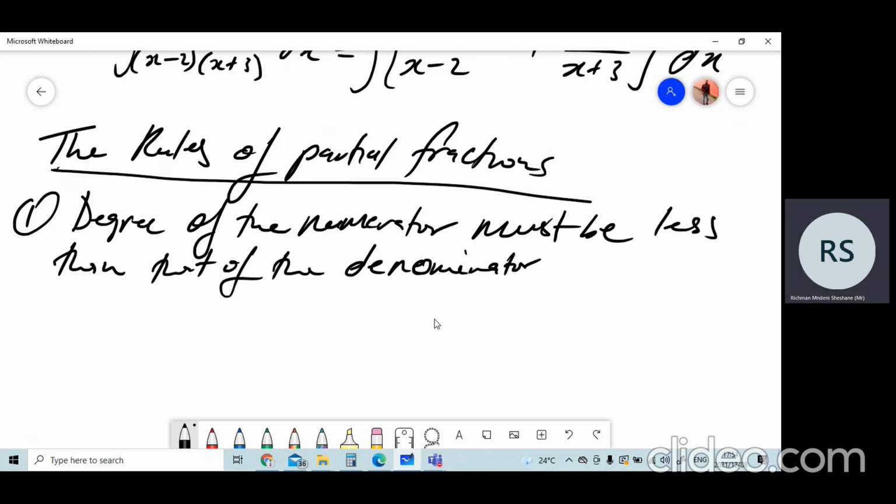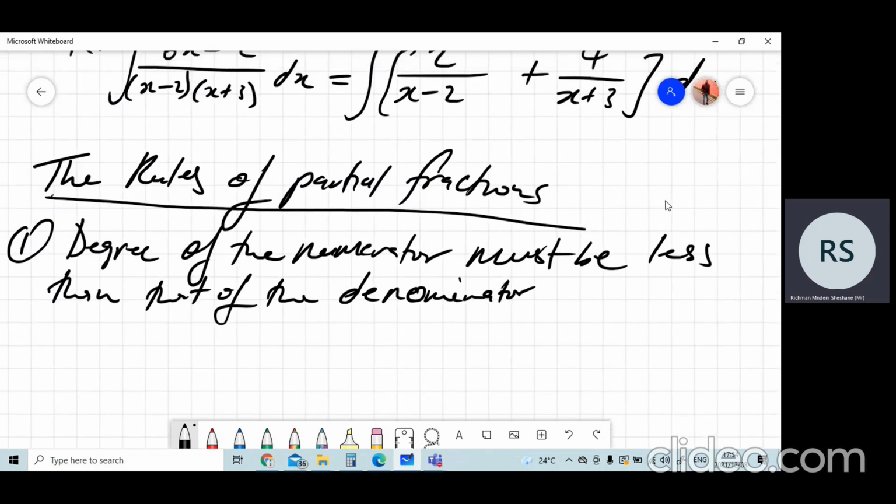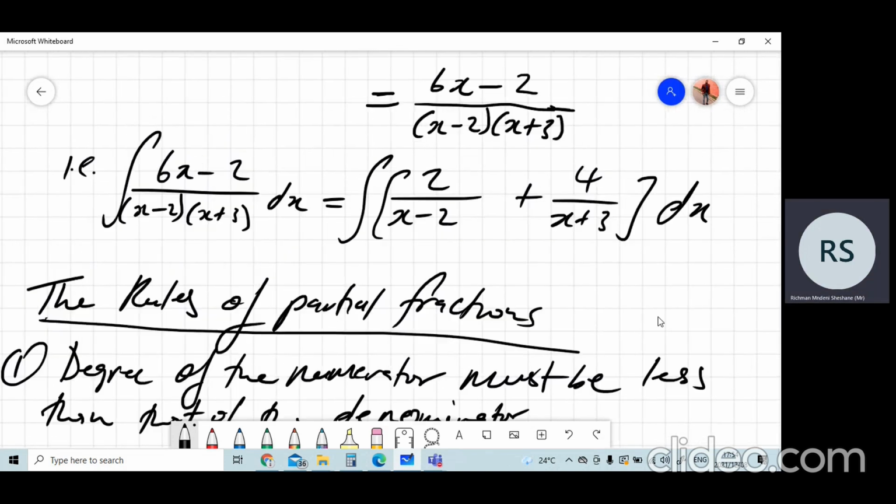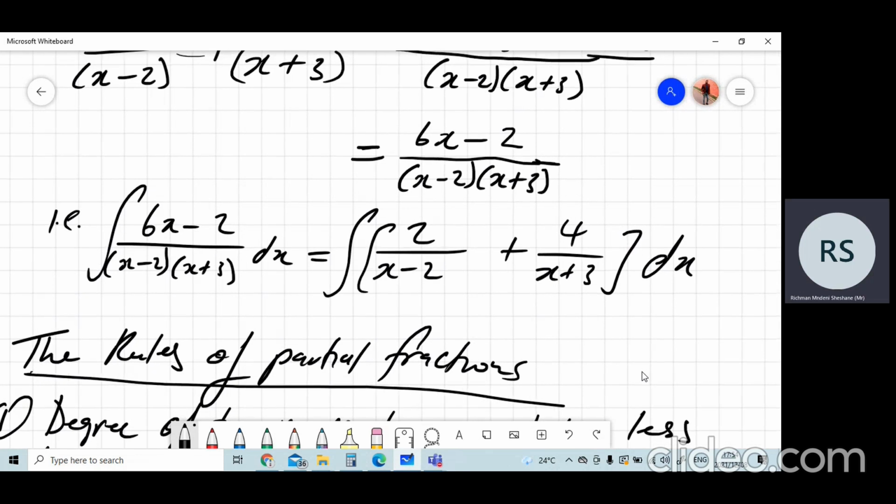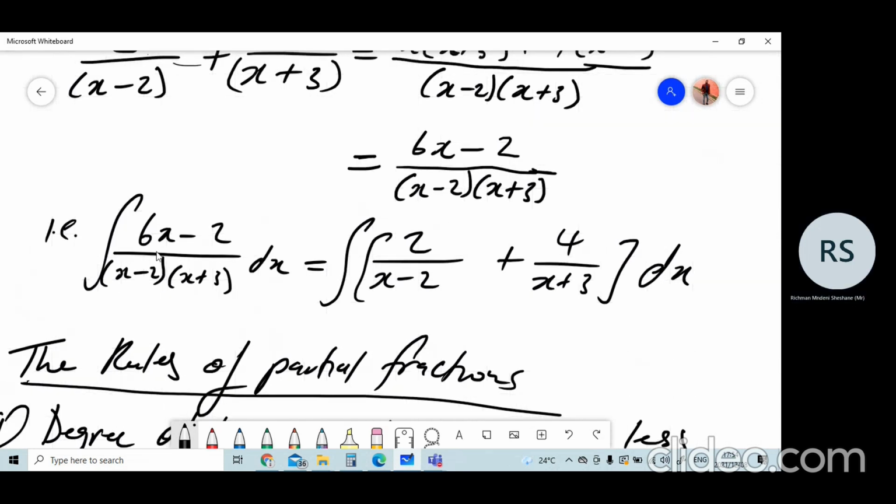What they mean by the degree: you'll be given a single expression like this and you need to put it into partial fractions, but before that you check the degree.